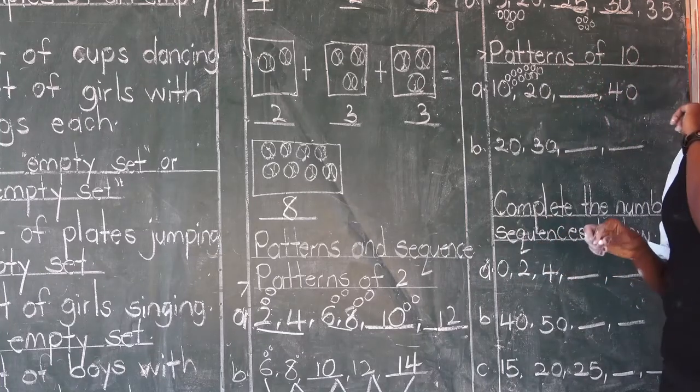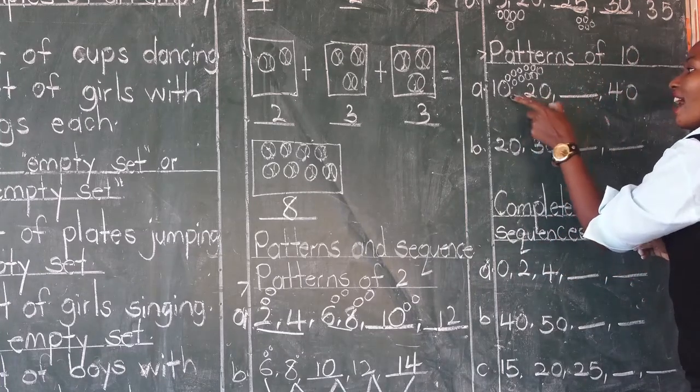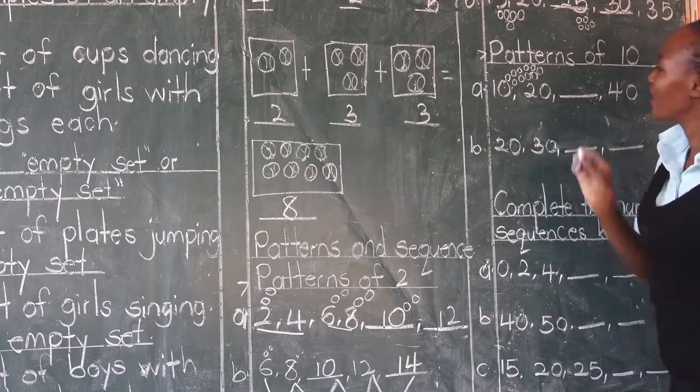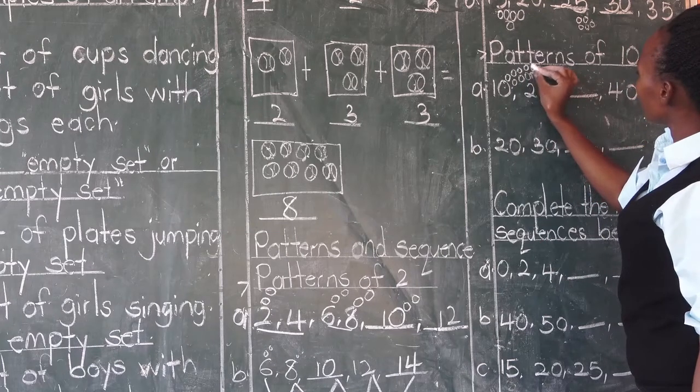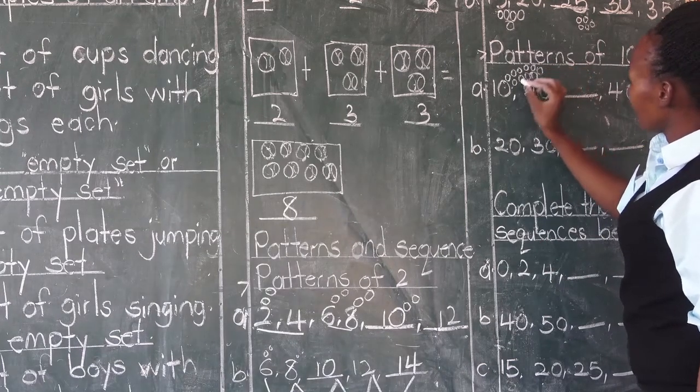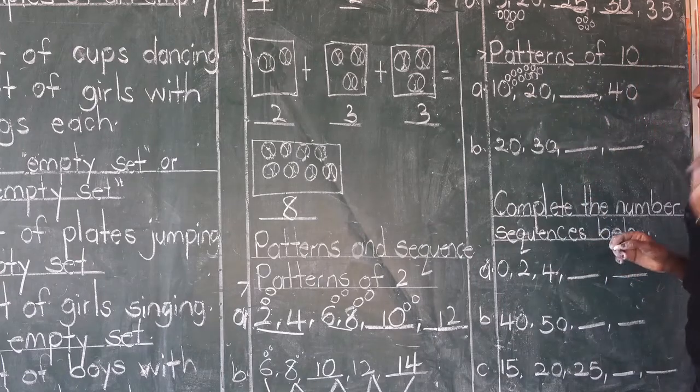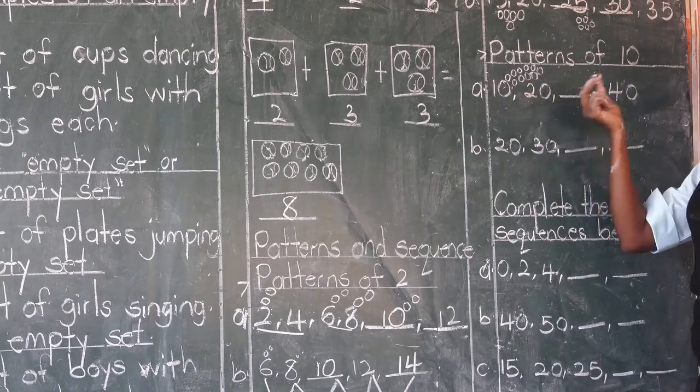Now, let's count them and see. Let's count our balls. 1, 2, 3, 4, 5, 6, 7, 8, 9, 10. They added 10 on 10 to get 20.